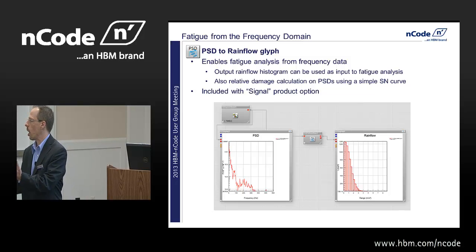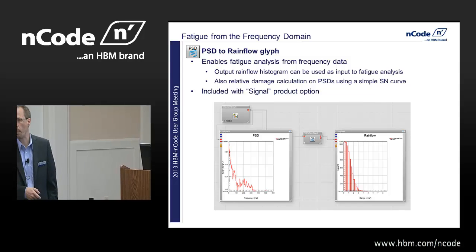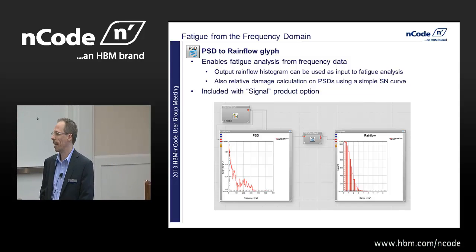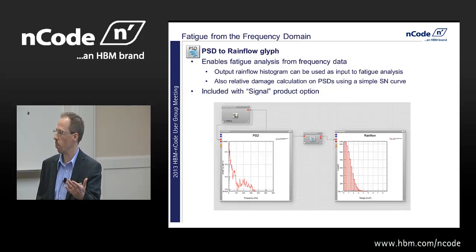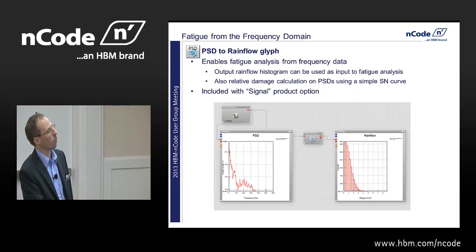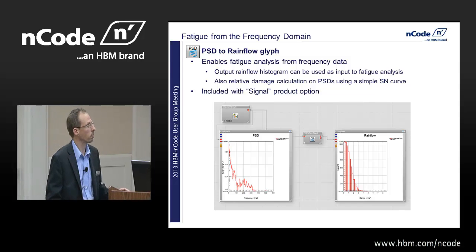How do I compare the relative damage of this PSD versus this PSD? This glyph actually has built into it a relative damage calculation, so you don't need any other fatigue glyphs. You'll literally calculate a relative damage number for this PSD versus that PSD. So this glyph enables you to go from the frequency domain to then start considering fatigue analysis.